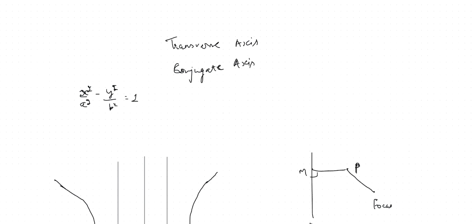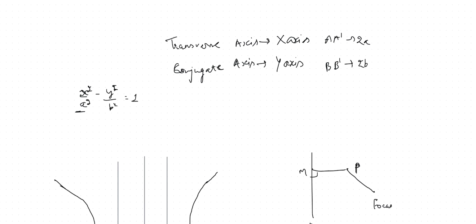So transverse axis is the axis where the hyperbola actually intersects with the axis, and the conjugate axis is the other axis. So transverse axis for this hyperbola is the x-axis, A A dash. Its length is 2 times a. Conjugate axis will be the y-axis, B B dash. Its length is 2 times b.